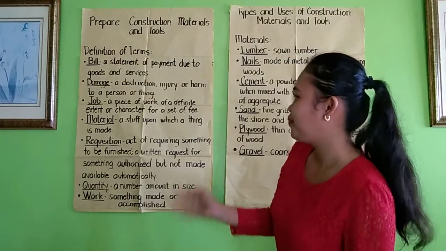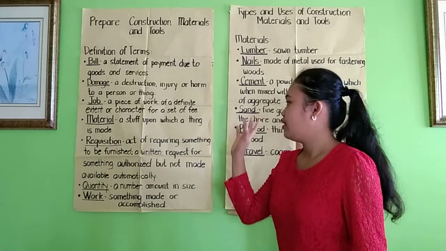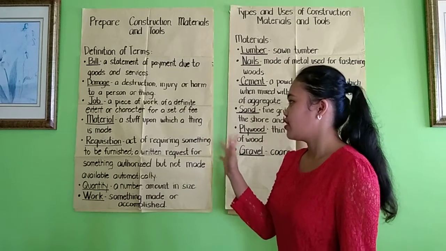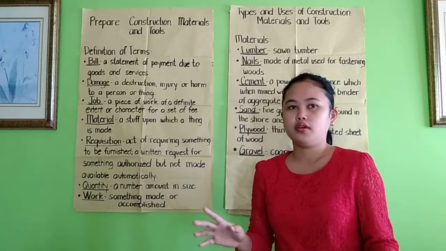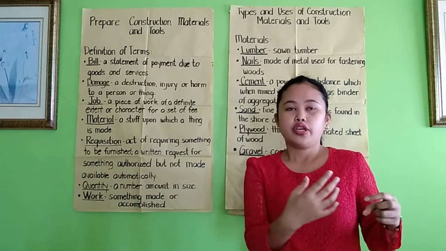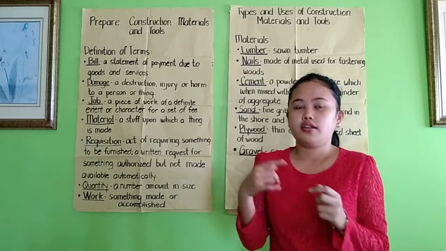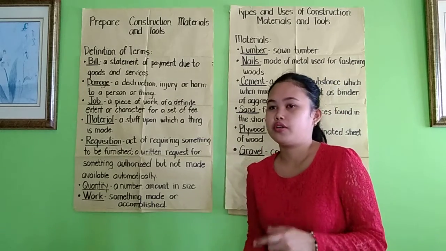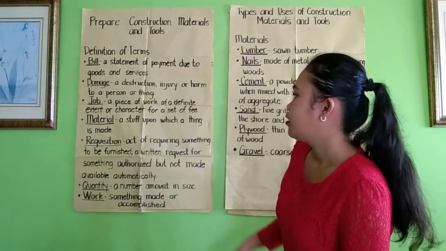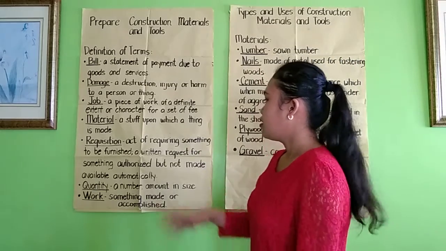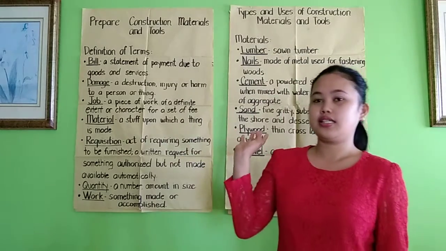Next is job: a piece of work of a definite extent or character for a set fee. If you are looking for money, then you are looking for a job. Material: it is the stuff from which a thing is made.